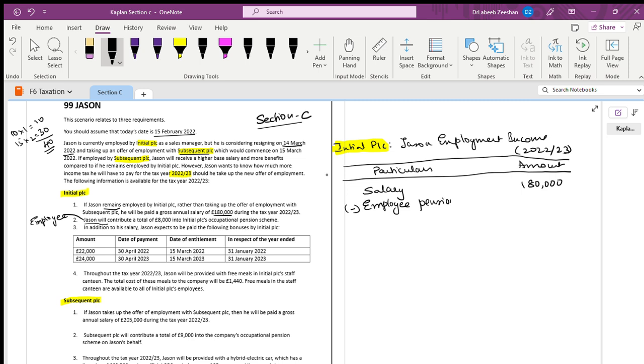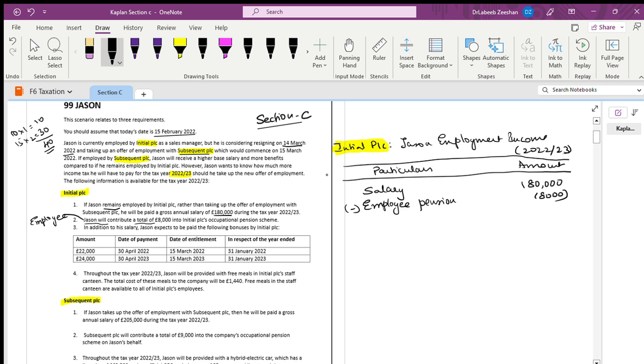Employee pension contribution, if we take into consideration the rules, if your pension scheme benefits will be there, how much is he contributing? He is contributing 8,000. But they didn't mention here whether it is gross or not gross, so I think this is gross maybe. They have not mentioned anything. Will contribute a total.